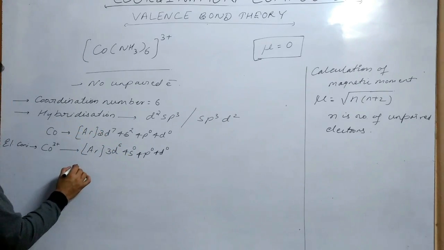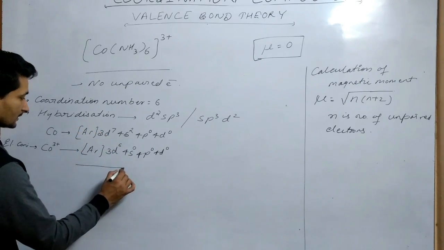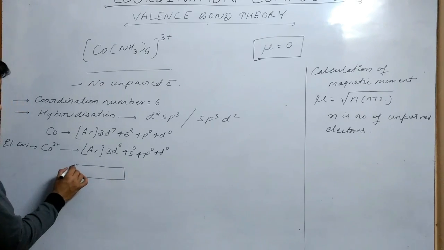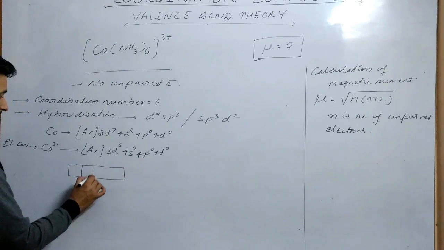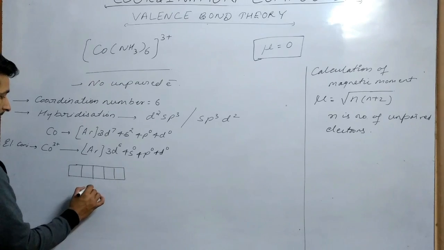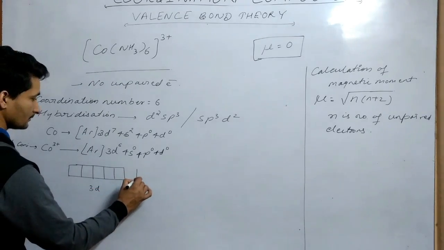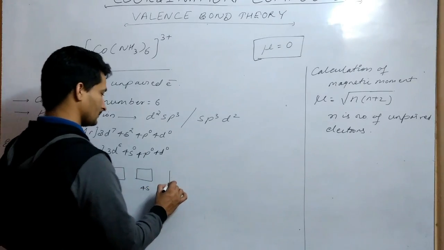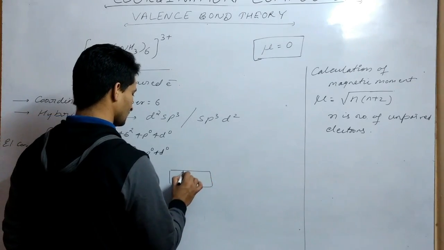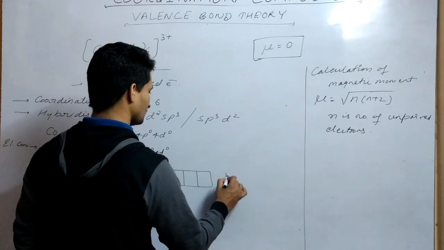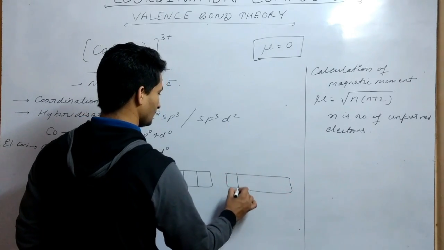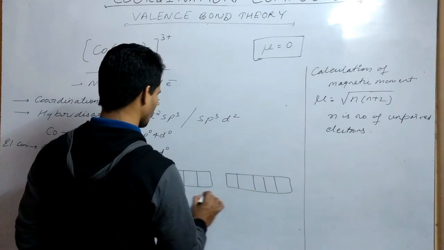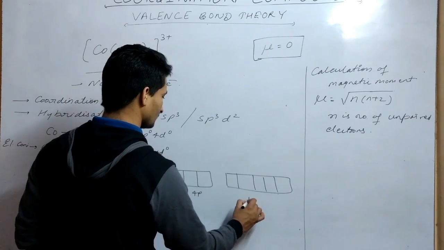Now I am drawing the outermost orbitals: 3d, 4s, 4p and 4d.